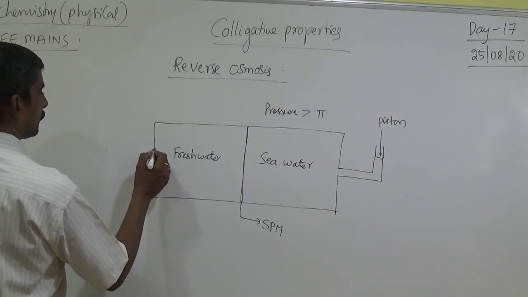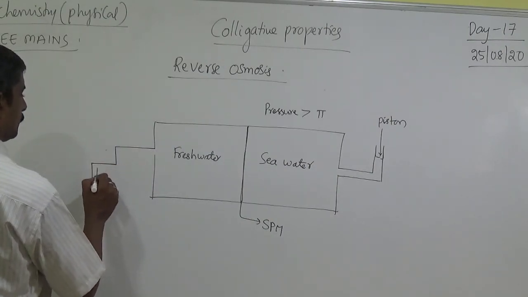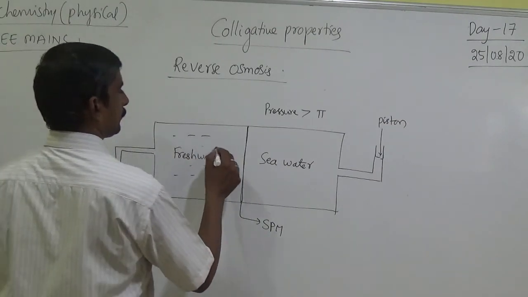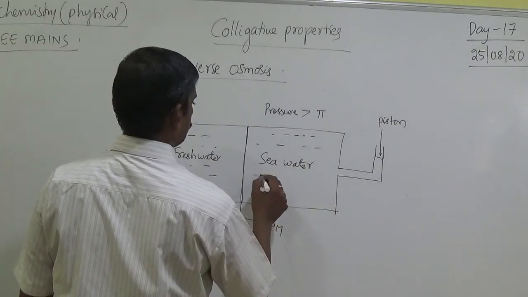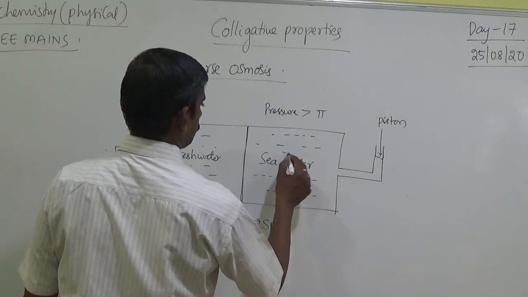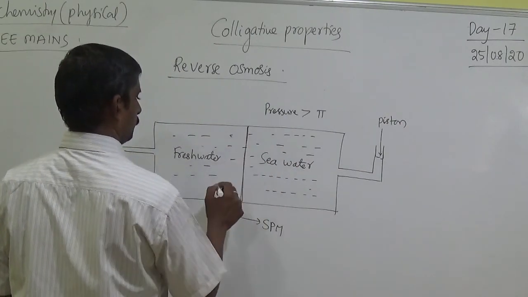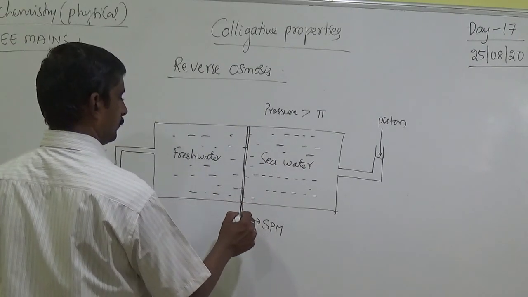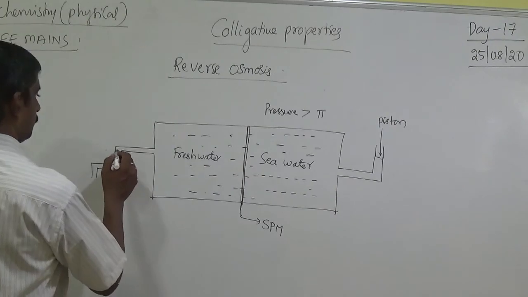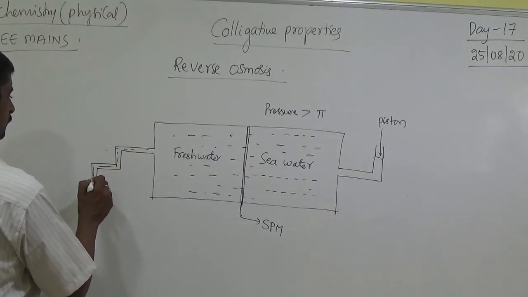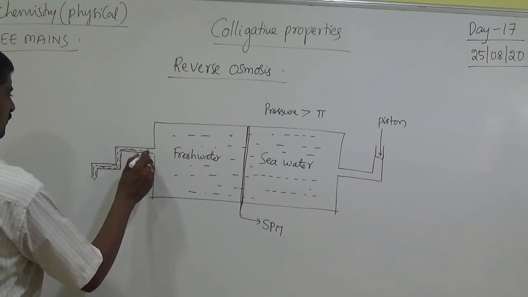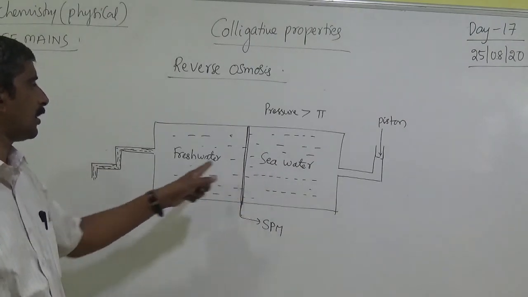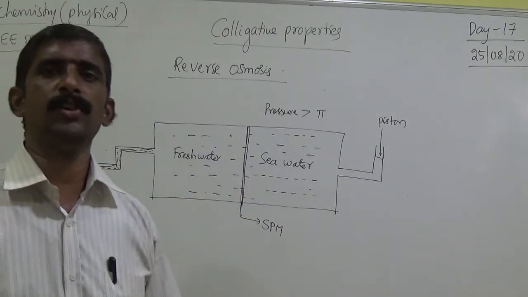Here fresh water, here sea water, semi-permeable membrane, like that. It is an example of reverse osmosis.